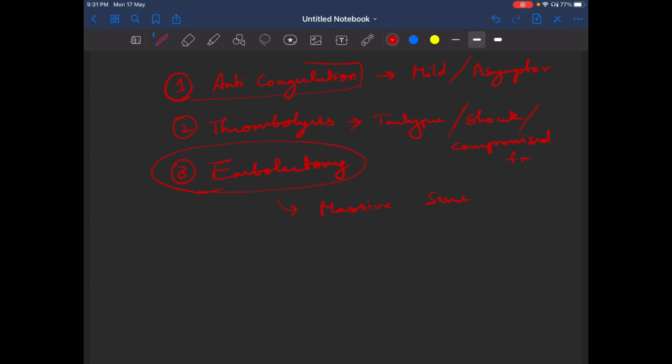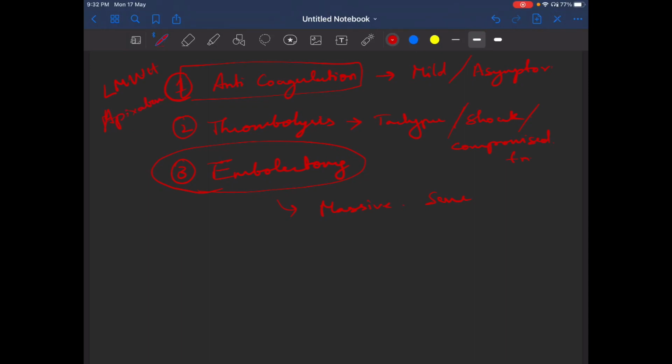And anticoagulation, as we discussed, the oral and injectable, that means the Clexane, that is enoxaparin 40 or 60 mg based on the body weight, and low molecular weight heparin, and apixaban.